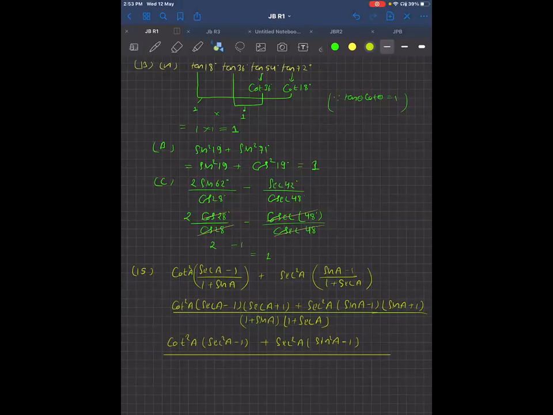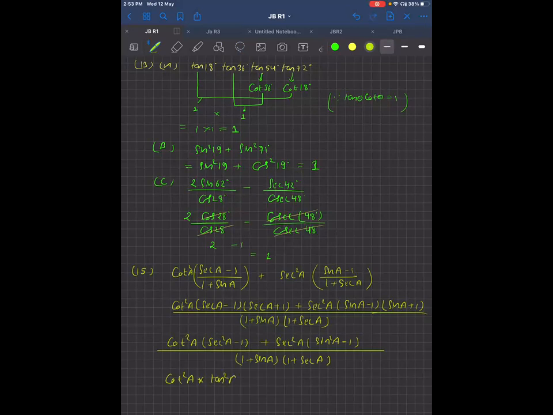Let me write. The denominator is 1 plus sin A into 1 plus sec A. Further, cot square A. Sec square A minus 1 is tan square A by using the identity.